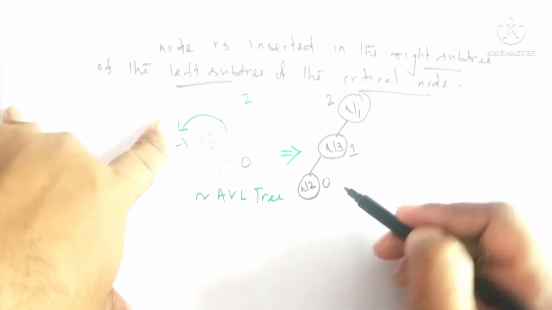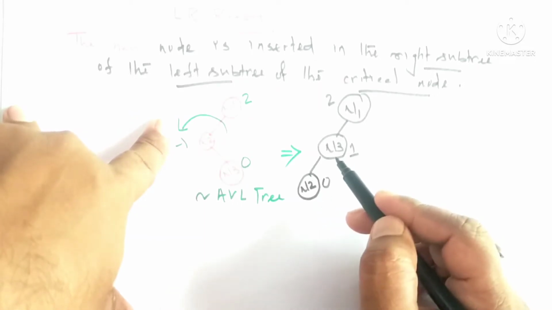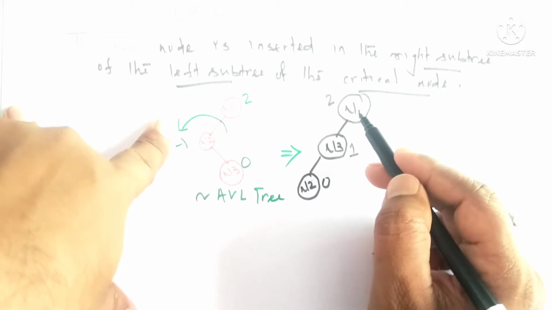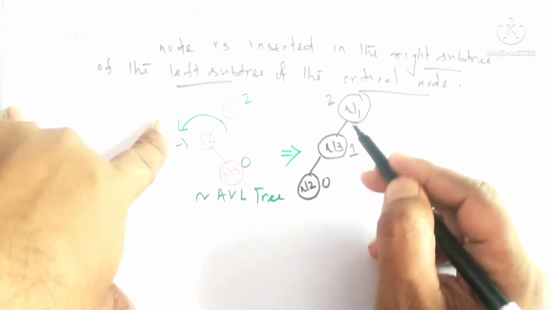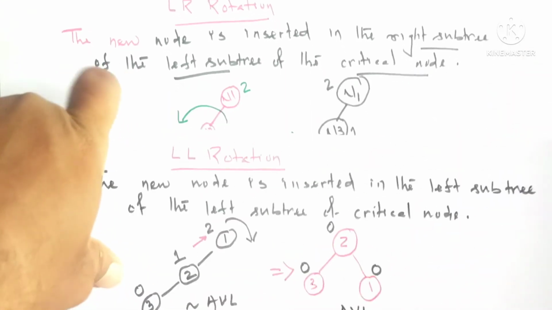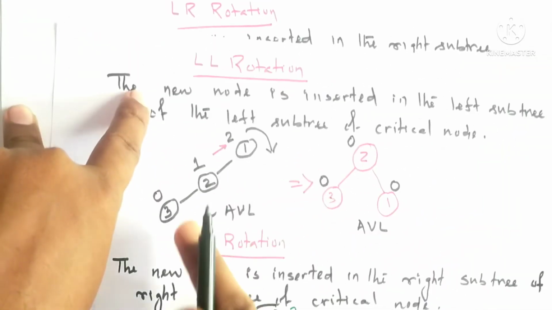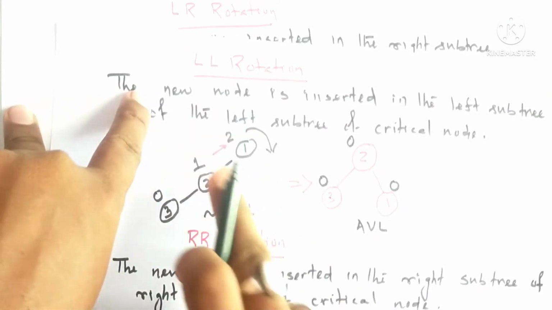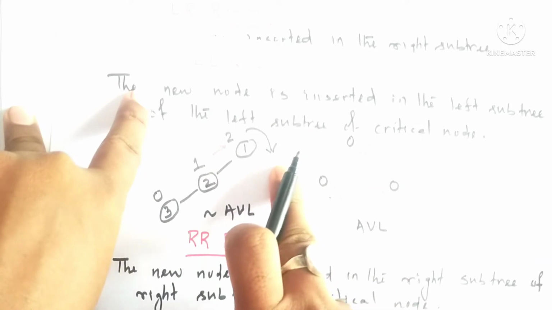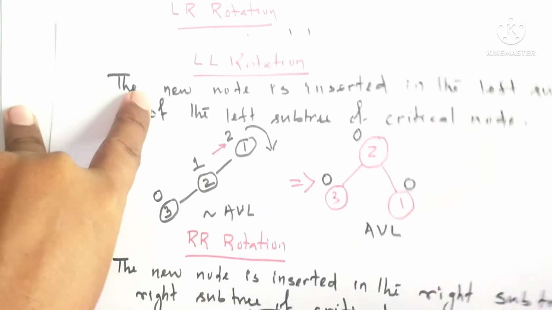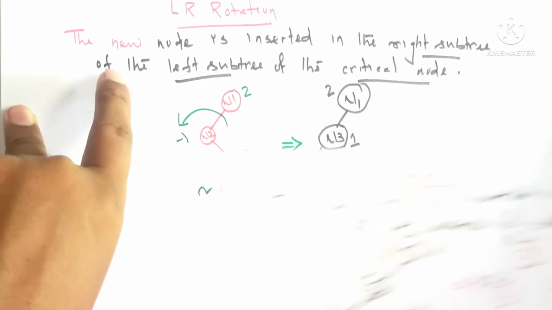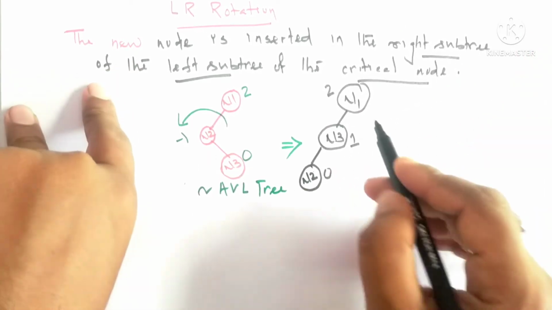Now the new node N2 is in the left subtree of the left subtree of the critical node, so it behaves as if it is the LL rotation. The same type of issue is found in the LL rotation. In LL rotation, we apply a clockwise rotation at the critical node. Now you can see the same type of process we have to apply.